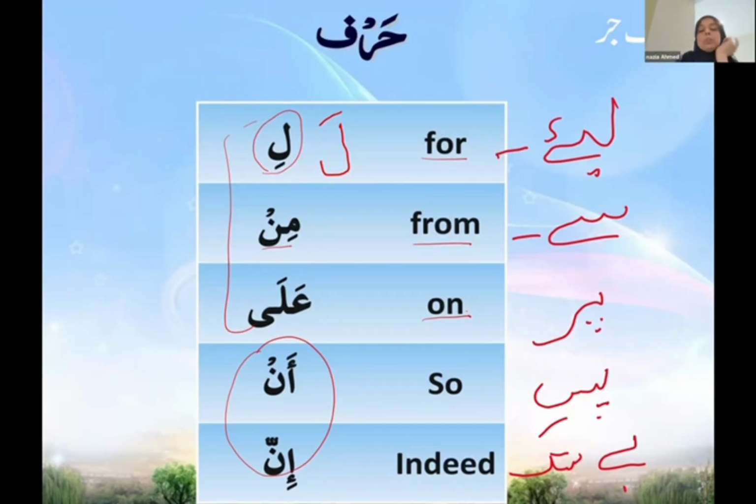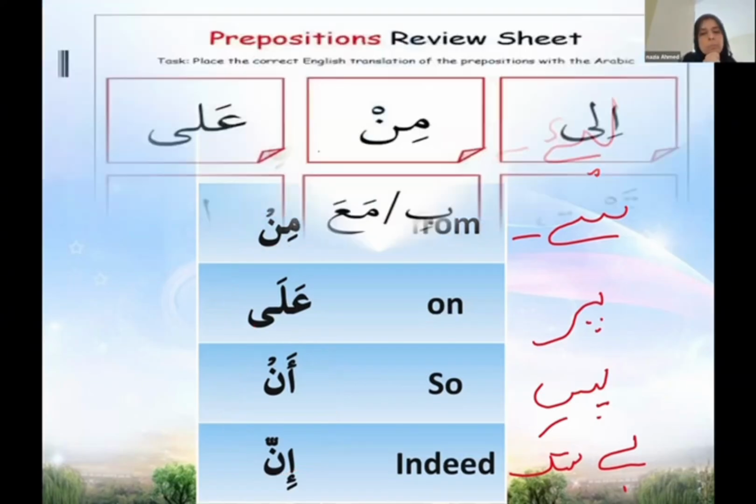I want you to make a note here. Whenever we join li with attached pronouns, the li changes into la. So you're going to have lahu, lahuma, lahum, not lihu. The moment we attach them with pronouns, the li changes into la. Please make a note of this.